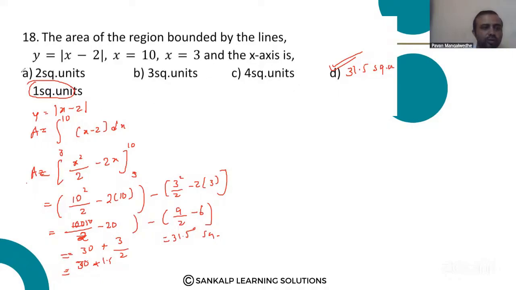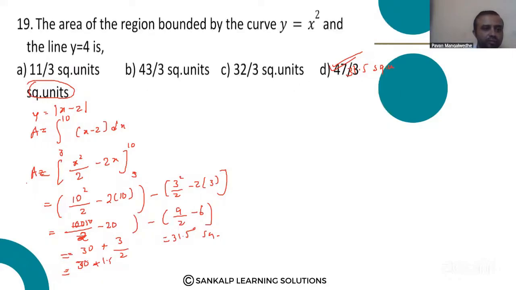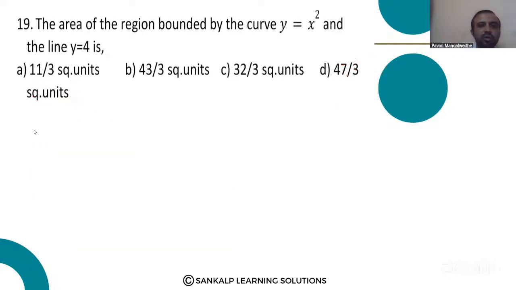Next, question number 19. The area of the region bounded by the curve y is equal to x square and the line y is equal to 4 is what?